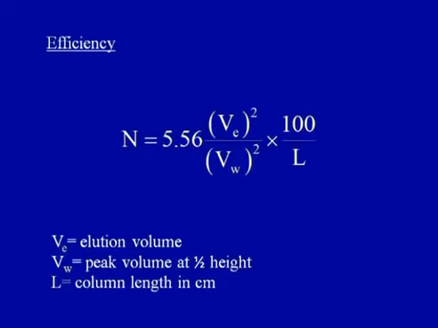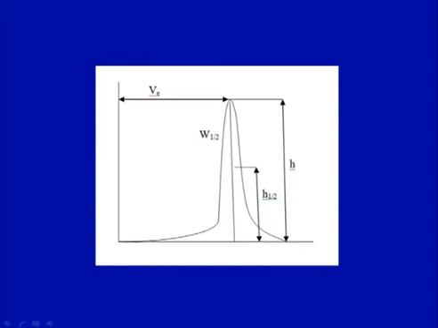So, here efficiency is determined by calculating the number of theoretical plates per meter, and this equation could be utilized for calculating the theoretical plates, where V is the elution volume, Vw is the peak width at half the height of the peak, and L is the column length. So, you can calculate the theoretical plates.